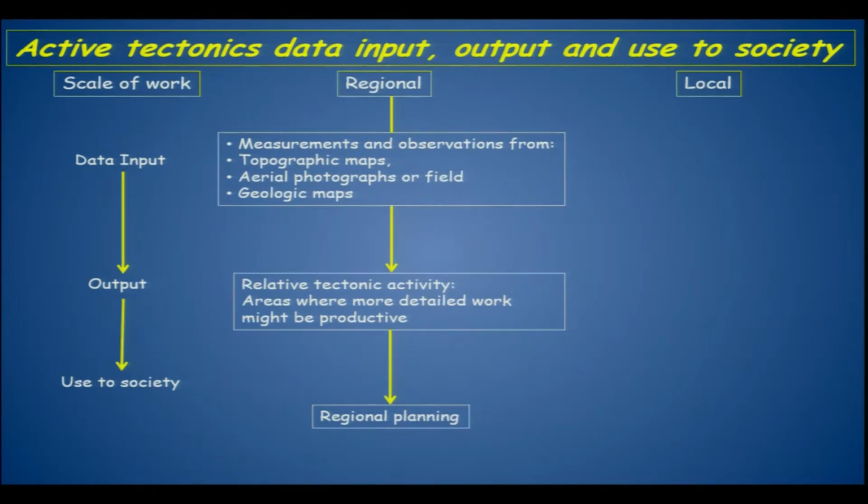So whatever published information is available, you can input that, and the output can tell you whether this area should be studied in further detail or not in terms of relative tectonic activity. Then this goes to the society, mainly for regional planning.